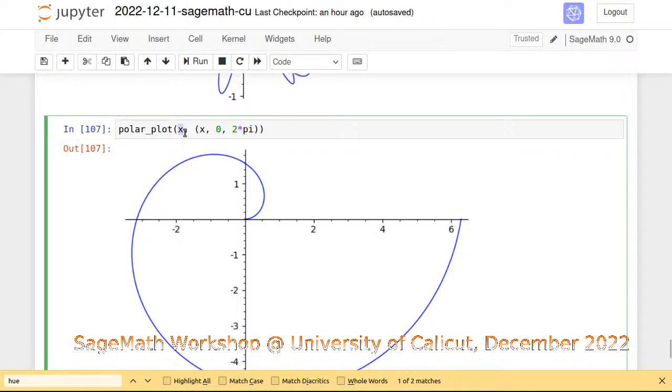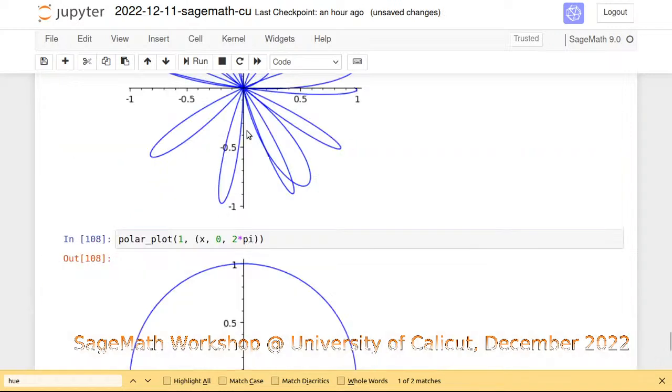So for example, suppose now that we just give 1. What is this? Just a circle. Because in every angle this 1 is plotted. One distance is plotted corresponding to 0 angle, corresponding to pi by 2 angle, etc.